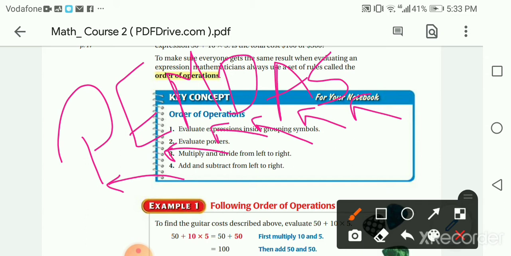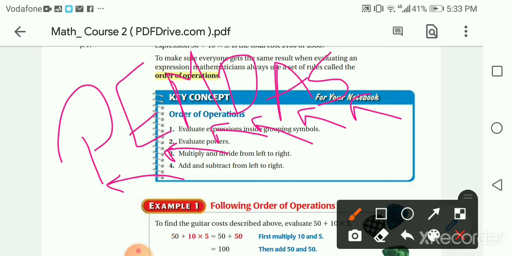PEMDAS, remember well, this is the initials of the following. P for parentheses, the brackets, the in-between brackets. Then E for exponent, the powers, for example 2 to the power 3.